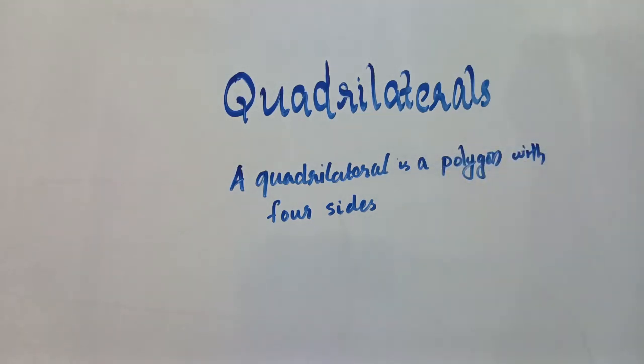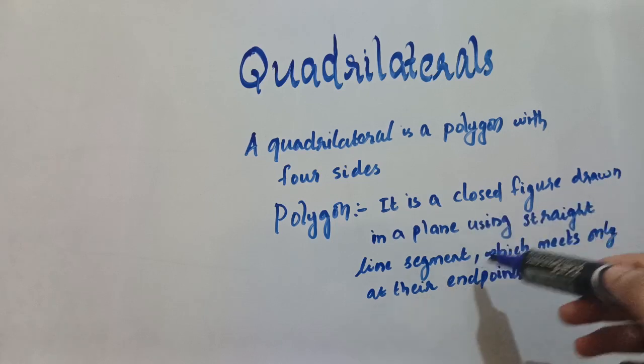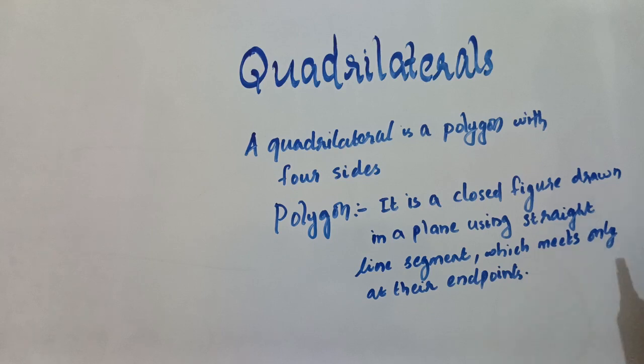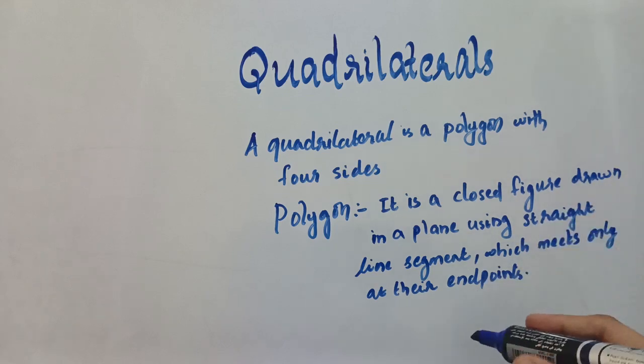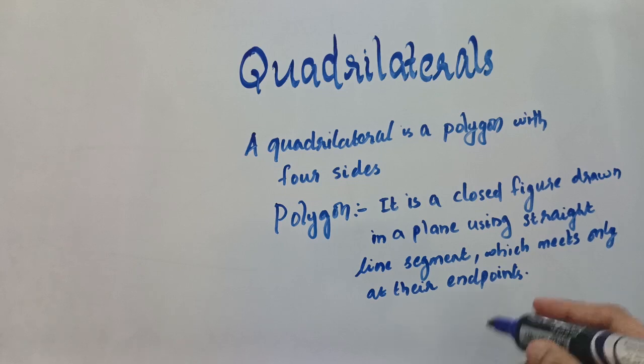Then you may wonder what a polygon is. We can define polygon also. It is a closed figure drawn in a plane using straight line segments which meet only at their endpoints.